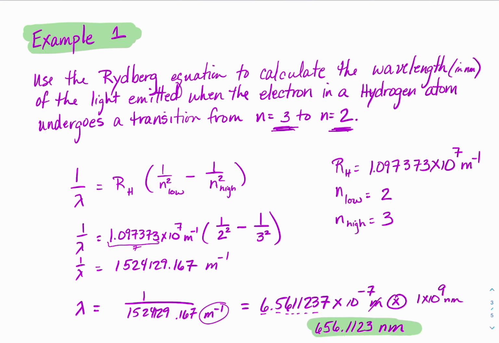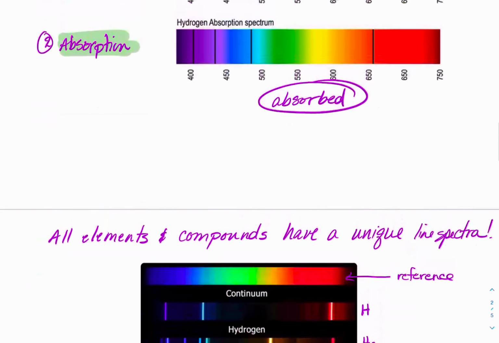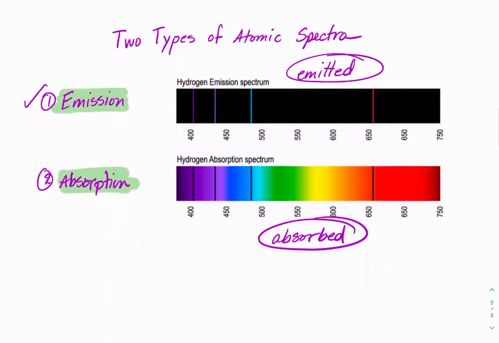All right. And so it turns out, if you go back and look, so 656, keep that number in mind, at the hydrogen emission spectrum, right here, for the red line, that value is right in the range of 656.